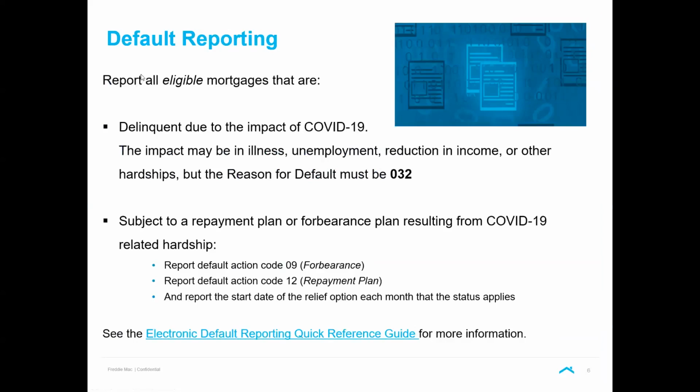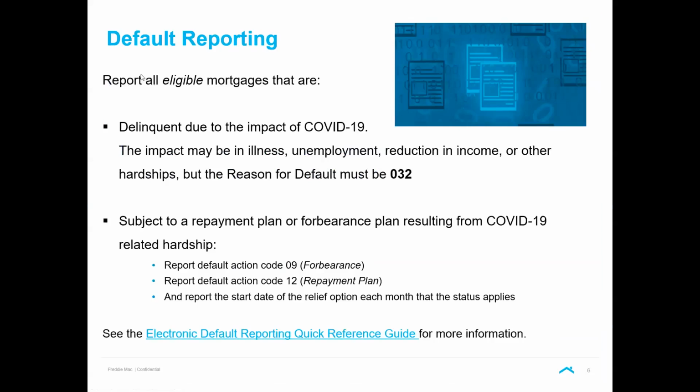So in most cases, when you have a verified hardship for COVID-19, you're going to end up having to report that 032 to tell us about the hardship, because you verified that is the hardship reason, and now the loan becomes delinquent, because we are requiring that you wait for the borrower to miss a payment before reporting the 032.